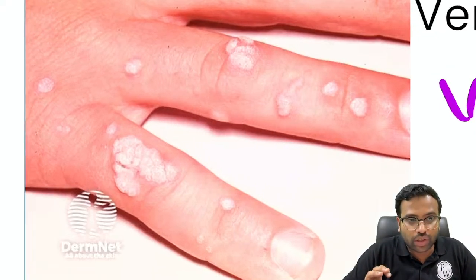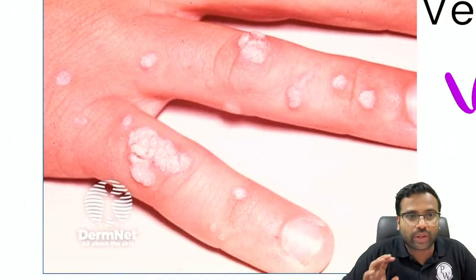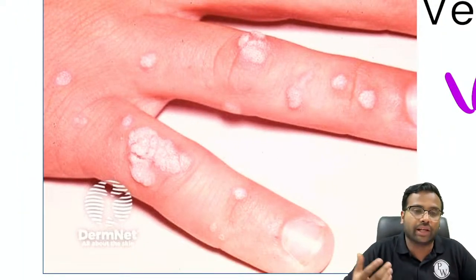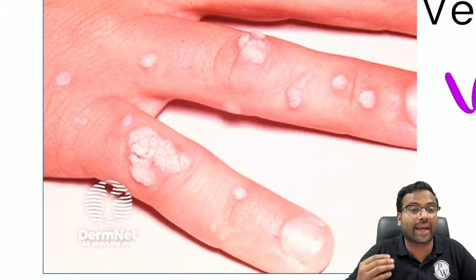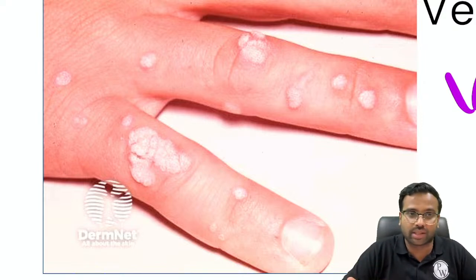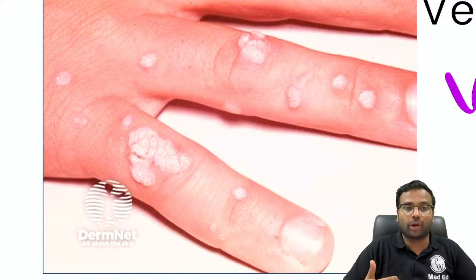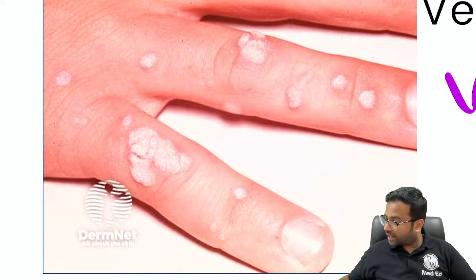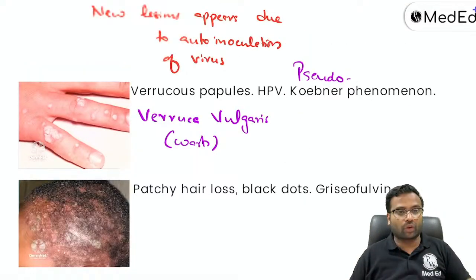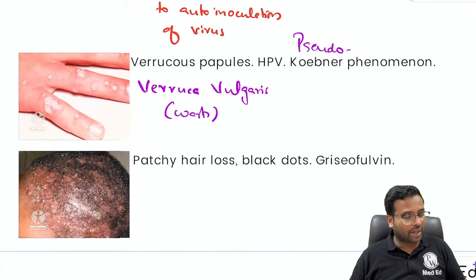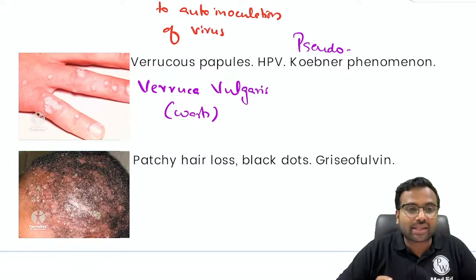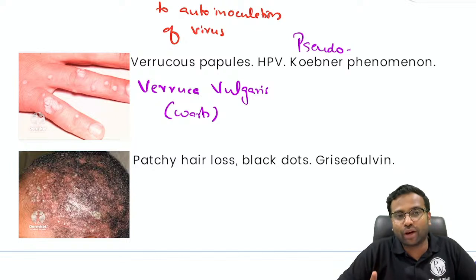If you zoom in closer, you can see some cauliflower-like lesions, isn't it? These are rough-surfaced exophytic growths. It is caused due to human papilloma virus. It's called verruca vulgaris. Surprising that I didn't get an answer for verruca vulgaris, but on the day of the exam, all of you are going to get this right. So now let's see the next one.